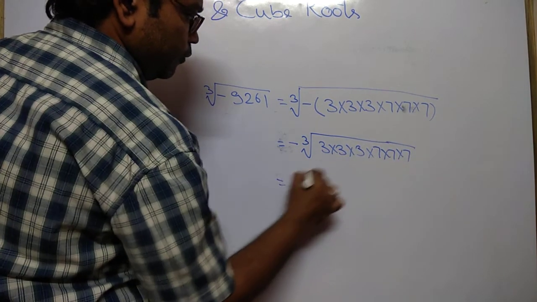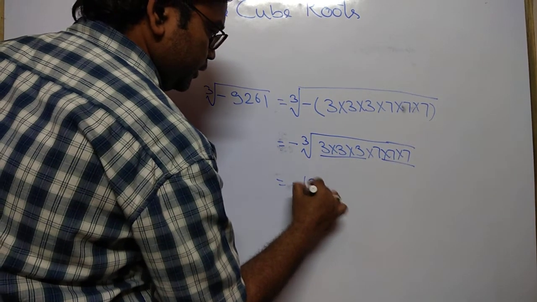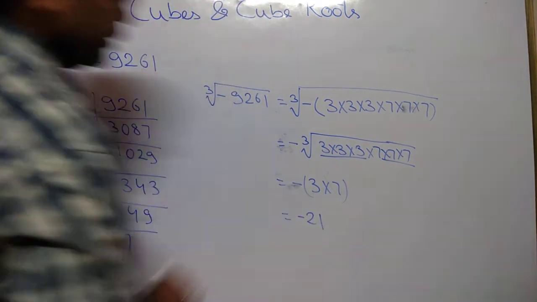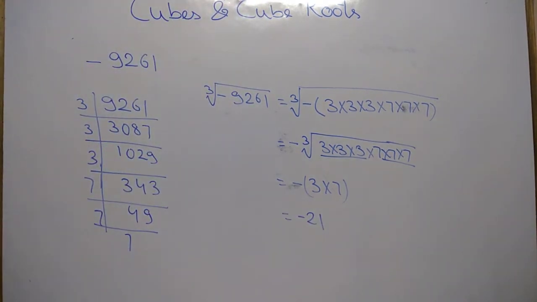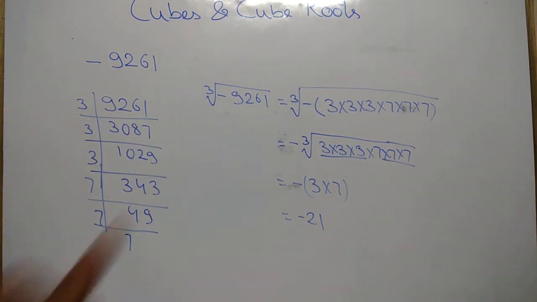Now we make a group of 3 threes, so minus 3 into 7, it's minus 21. This is the cube root of minus 9261. We use the same thing. One side we can write this, then after that we use this one. Hope this one is clear to you. Move to the next question.